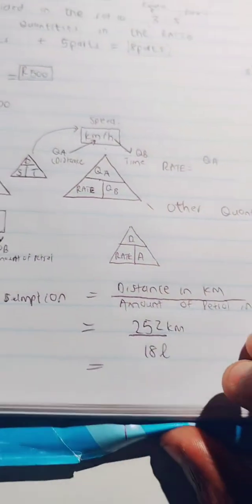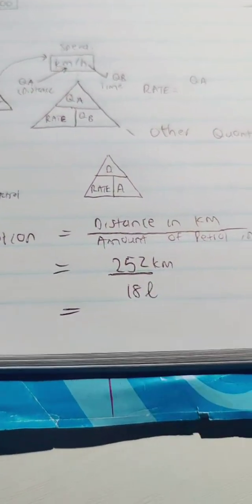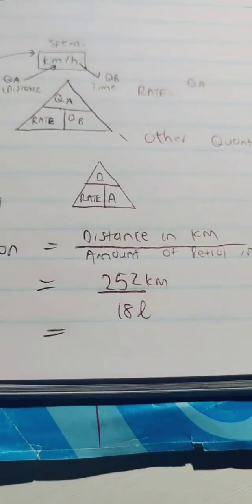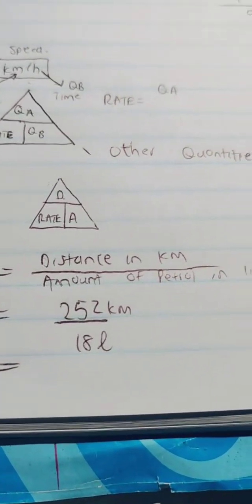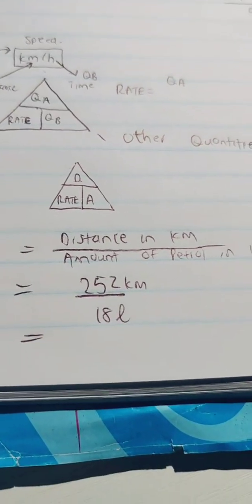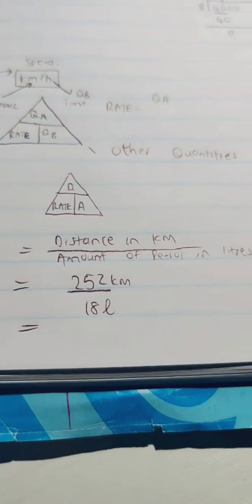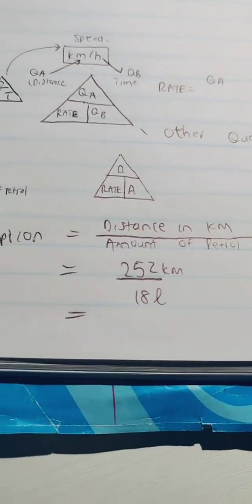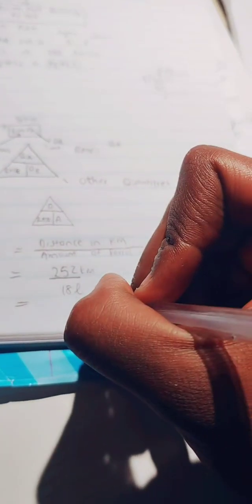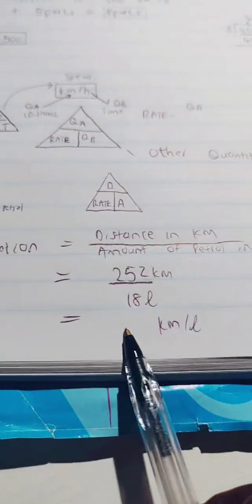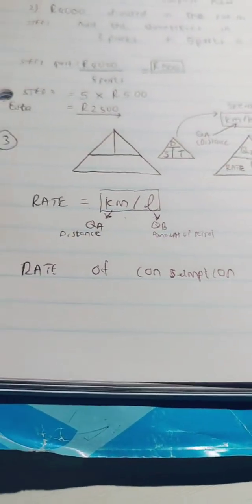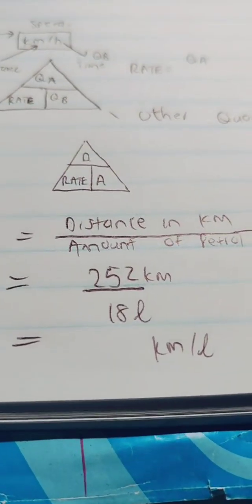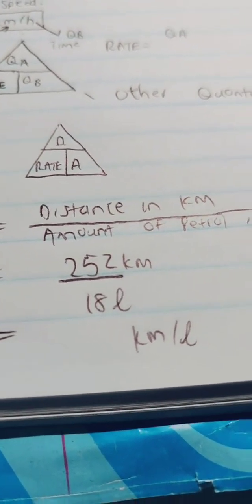So what is the petrol consumption? You give me the answer. What is 252 divided by 18? So that I can then tell you in kilometers per liter what the rate of consumption is. Okay, I'm waiting for someone to give me the answer.